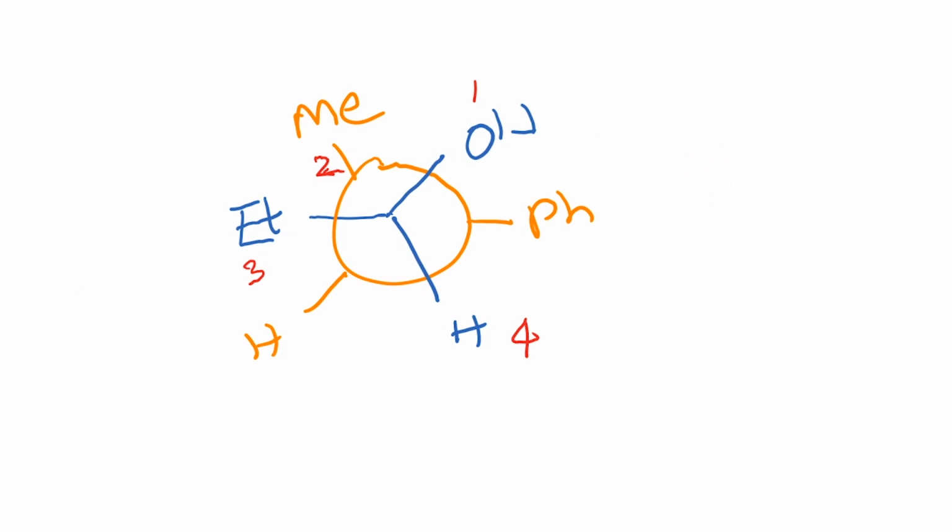But just so that we follow the correct convention that I discussed, let us now assign the stereochemistry. For this carbon over here, priority number 1 is OH, priority number 2 is the carbon behind, priority number 3 is the ethyl group, and priority number 4 is hydrogen.